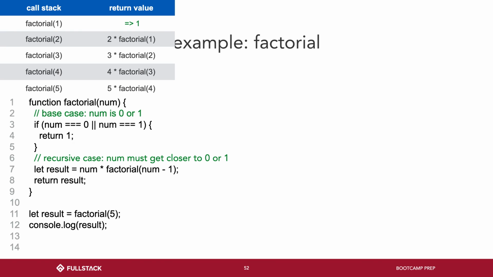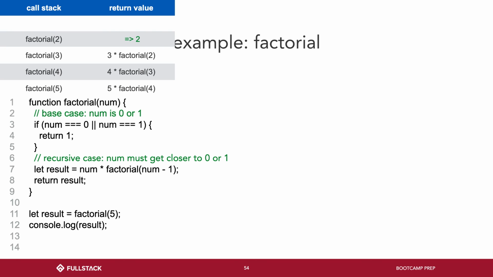All this time, factorial of 5, 4, 3, 2, they're all in pause, okay? They're not running right now, because we have to see what factorial of 1 is returning. Factorial of 1 returns 1, so that means factorial of 2 returns 2 times factorial of 1. What is factorial of 1? Actually, it is 1, right? So factorial of 2 returns 2 times 1, so it returns 2.